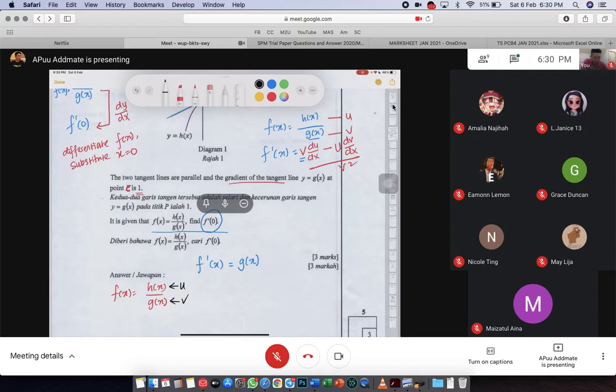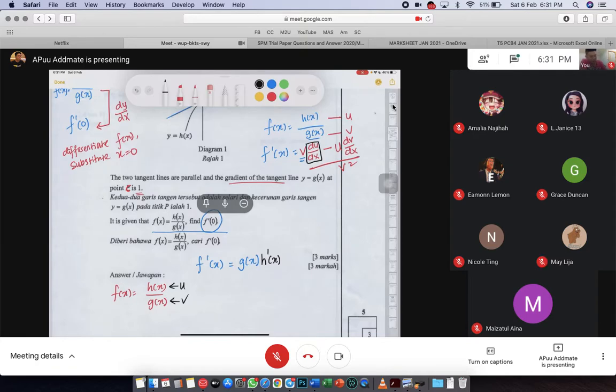So you will have gx, and then du dx. Du dx, if you remember, what does du dx mean? Du dx means you differentiate your u. So when you differentiate u, what happens? h prime x. Right? When you differentiate your u, you will get h prime x. So far still okay?